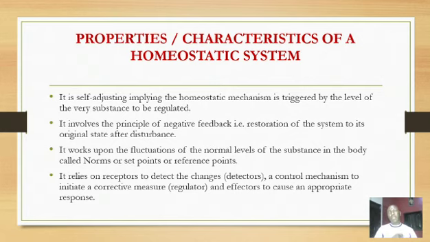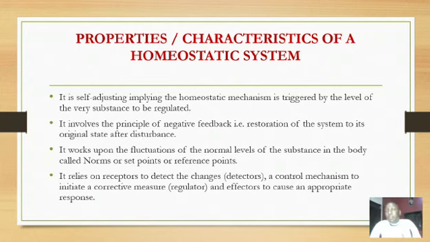If we are looking at regulating the temperature to keep the temperature constant, the homeostatic mechanism to keep the temperature constant is triggered by the heat of the body itself. If we are looking at carbon dioxide levels, we want to maintain the carbon dioxide levels constant in the body.